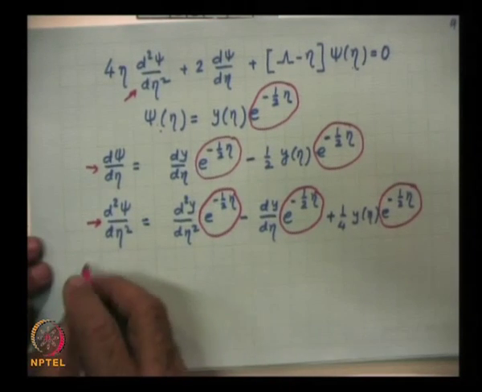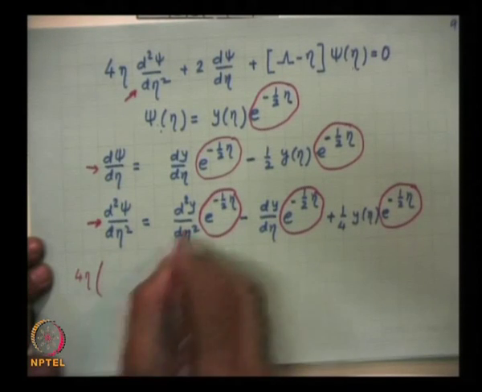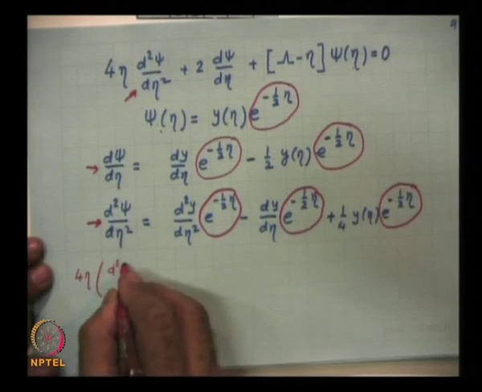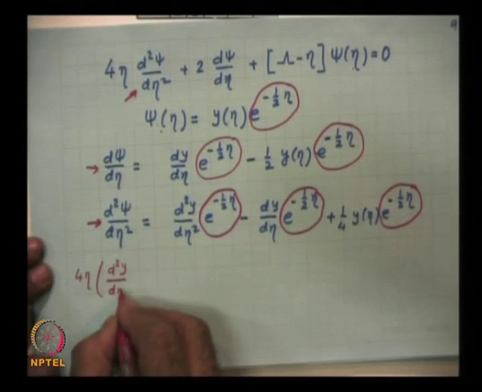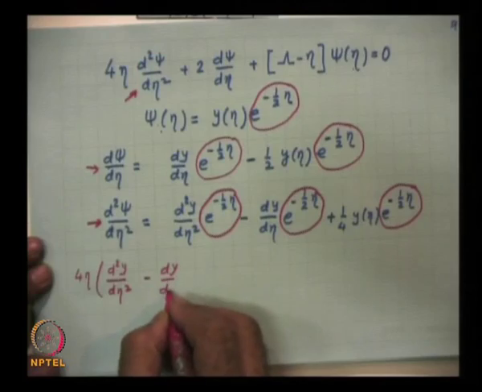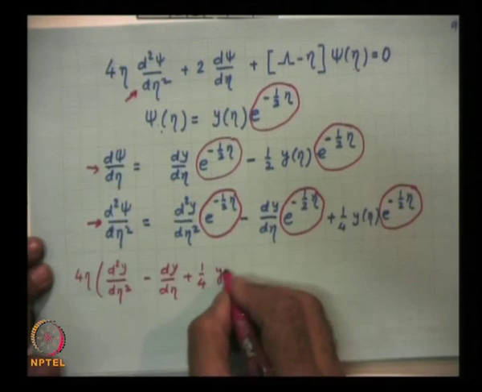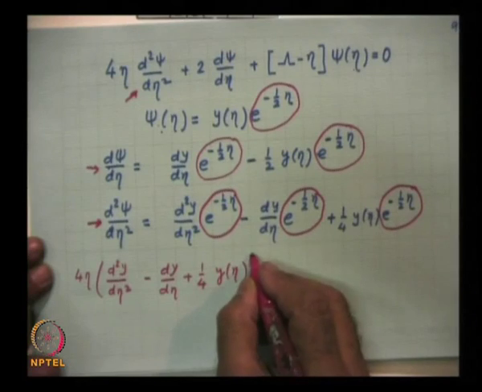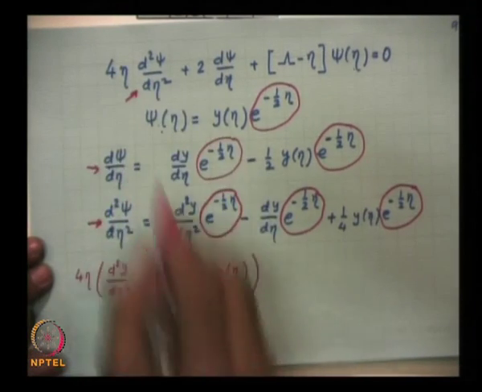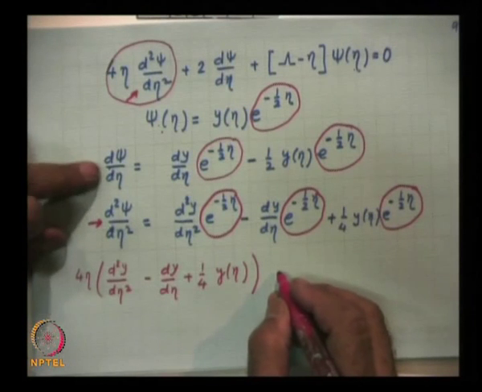So, I obtain 4 eta, please see, d2y by d eta square minus dy by d eta plus 1 by 4 y of eta. This is the first term, this was this term, and then plus 2 d psi by d eta.